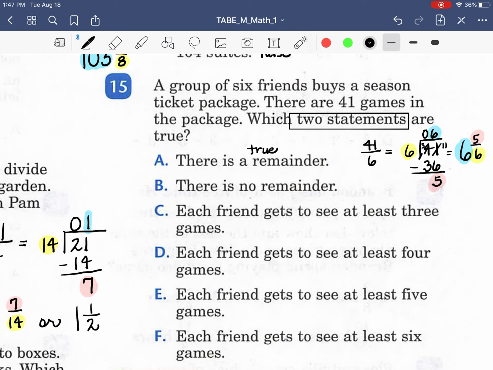There is a remainder. That is true. So that's one of my answers right there. There is no remainder. That's false. Each friend gets to see at least 3 games.